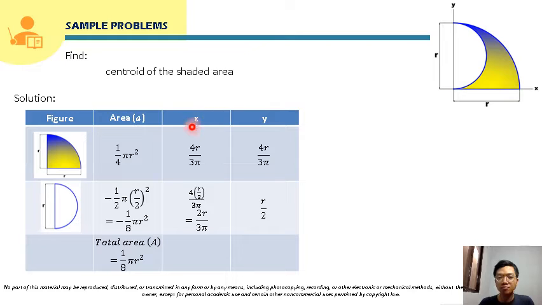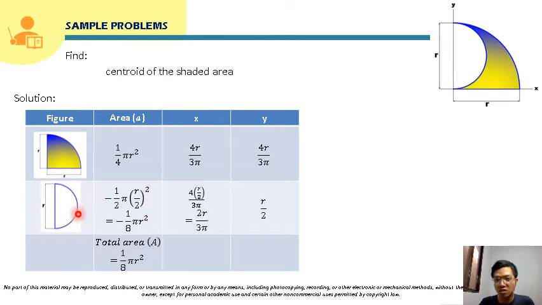Now for the x-coordinate of this quarter circle, its centroid will be somewhere here. So its x-coordinate will be this distance, which is 4r over 3 pi. Our radius is already r, so that will now be the x-coordinate.